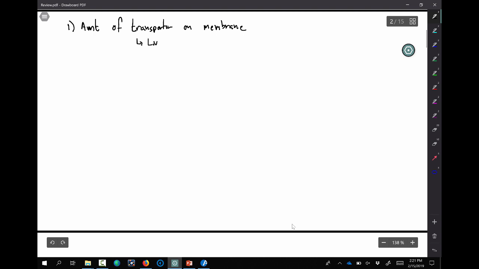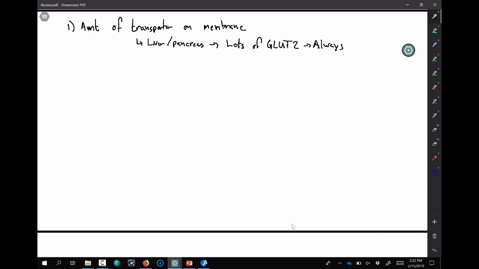We have the liver or the pancreas, and these have lots of GLUT2. And I would also say this, it's always present. It's not changing, meaning there's no real, like, all of a sudden GLUT2 starts to disappear from that membrane or starts to get higher in concentration. Okay, it's pretty much a constant level.